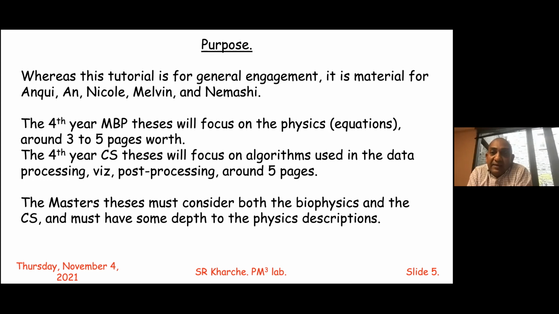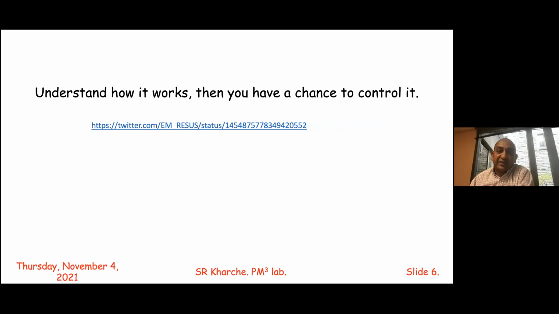And in the master's thesis, I'm looking for some depth in the two master's theses of medical biophysics that we are in the process of generating. That would be the purpose of today's exercise, and we can continue this discussion for however long in the near and far future as is necessary. So that is the purpose of today's presentation.